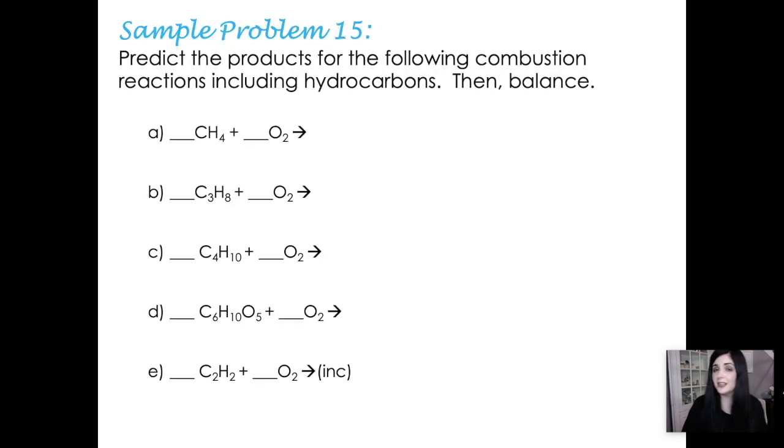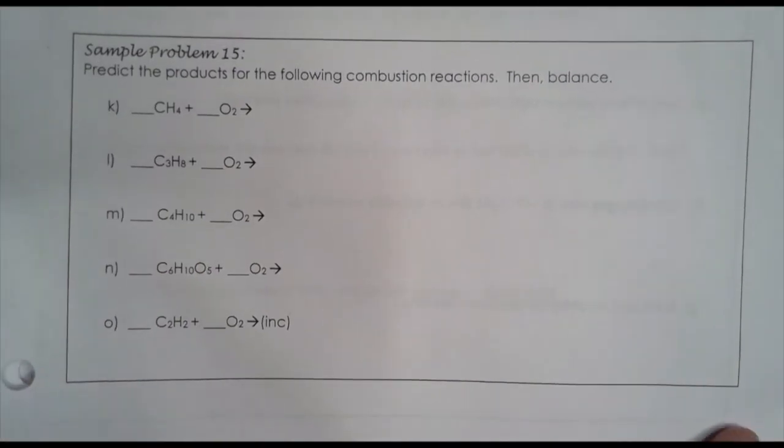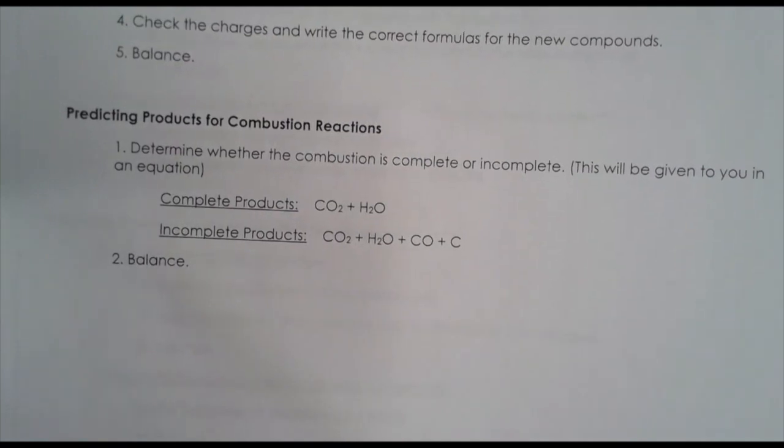Last one, let's dive in and do sample problem 15, and then we're done with the review. Sample problem 15, predict the products for the following combustion reactions. This one is very easy to predict the products for because most of the time your products are going to be carbon dioxide and water. And the only time it's not is when you have an incomplete combustion.